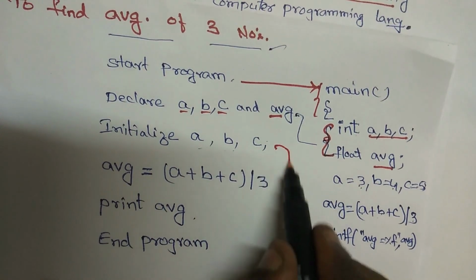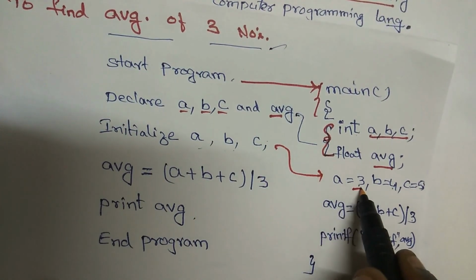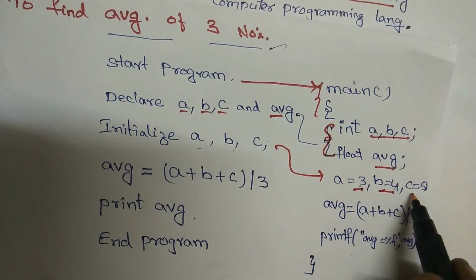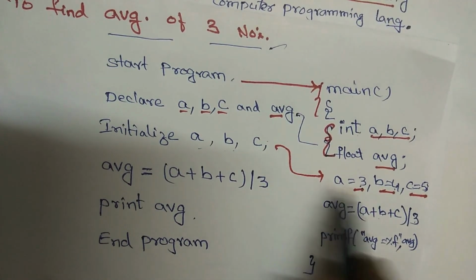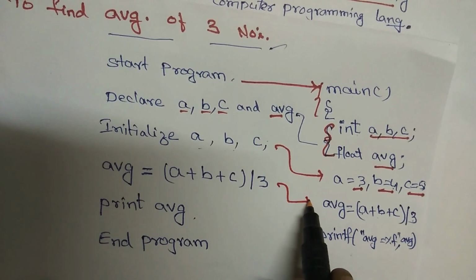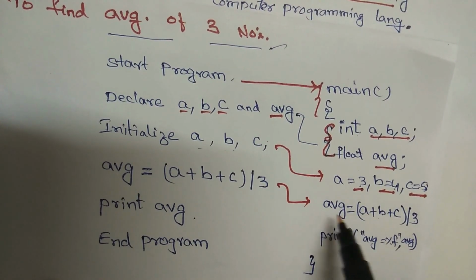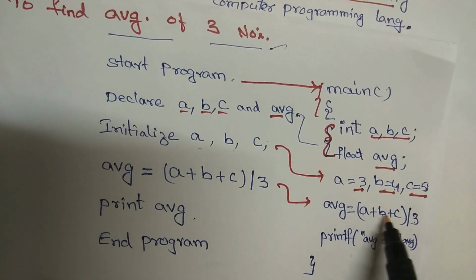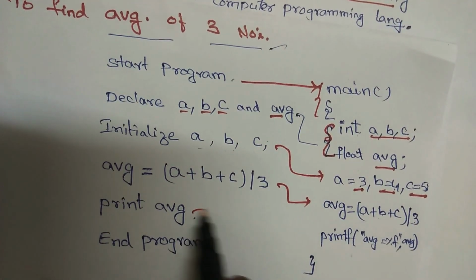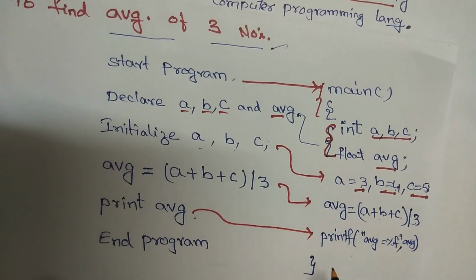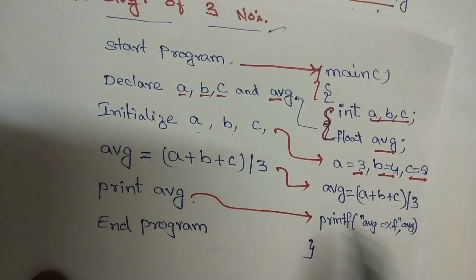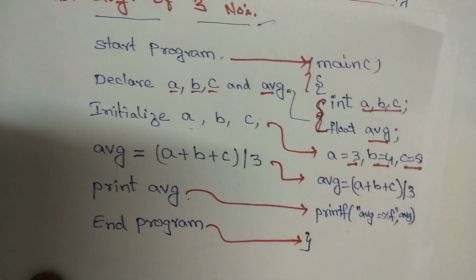After that, I have to initialize the value of A, the value of B, and the value of C. After that, I have to calculate based on the inputs. That is, the formula is A plus B plus C divided by the total number of values. And after that, I have to display the average I calculated. And finally, the end of the program.